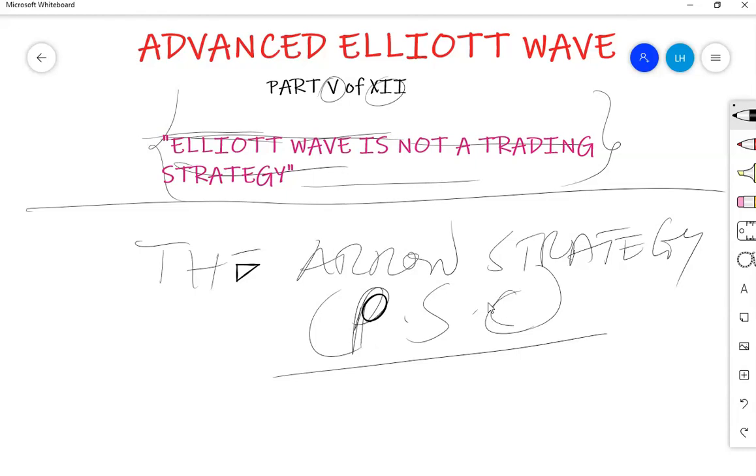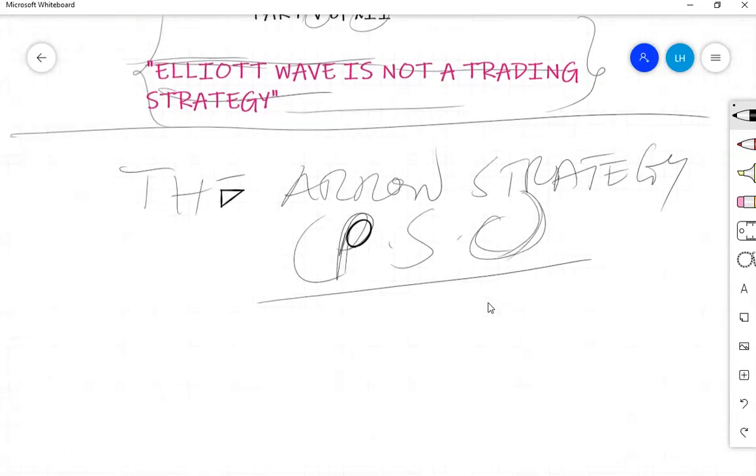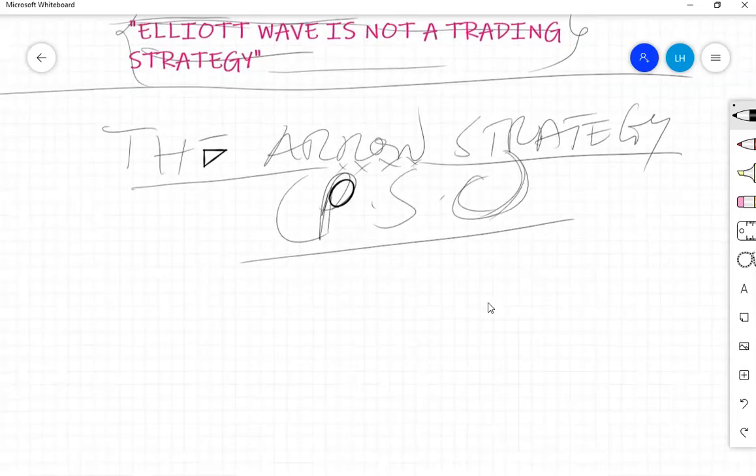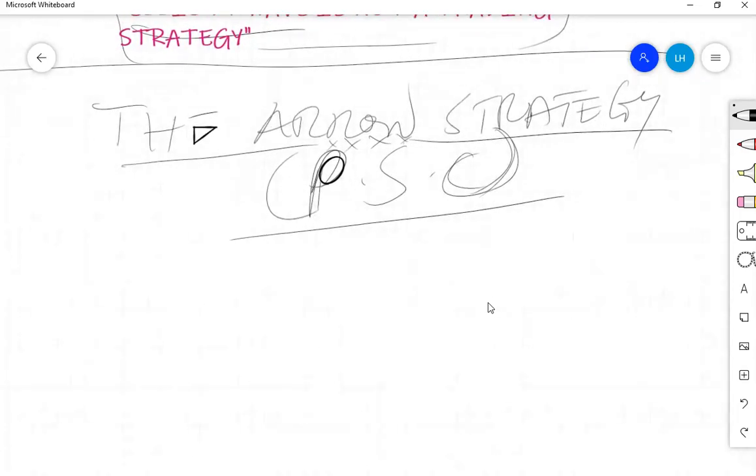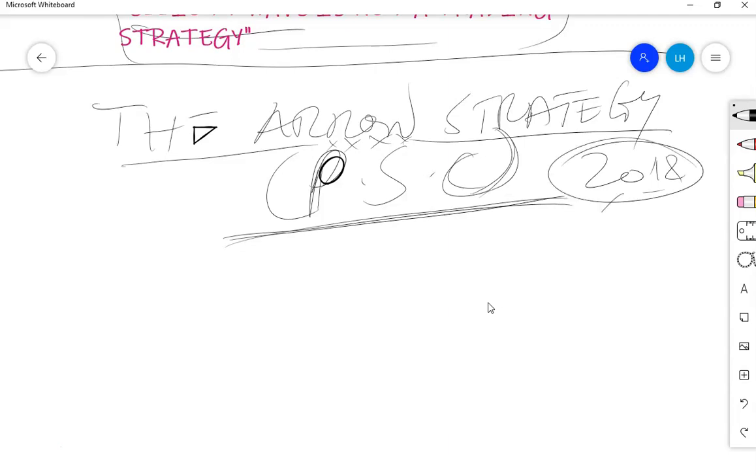Now this is the only way you can apply the wave principle in the market as a strategy, and it was developed in 2018. It was developed in 2018 for the very first time, and no one had talked about this.